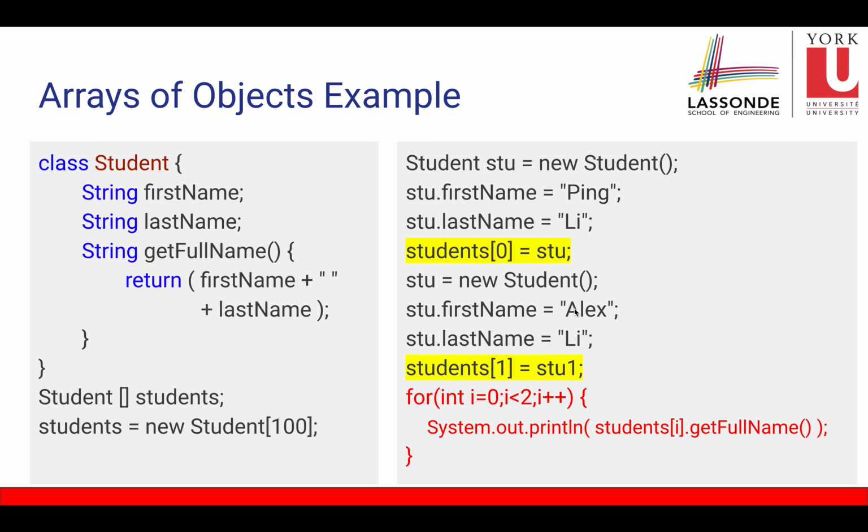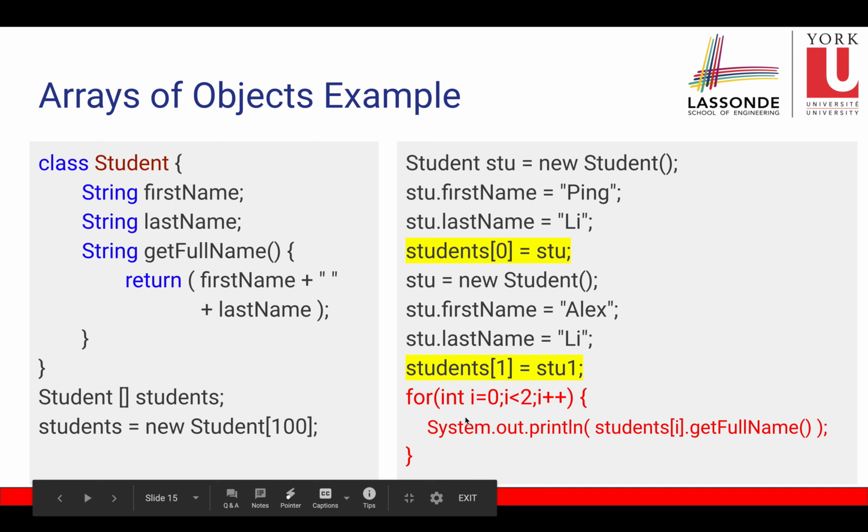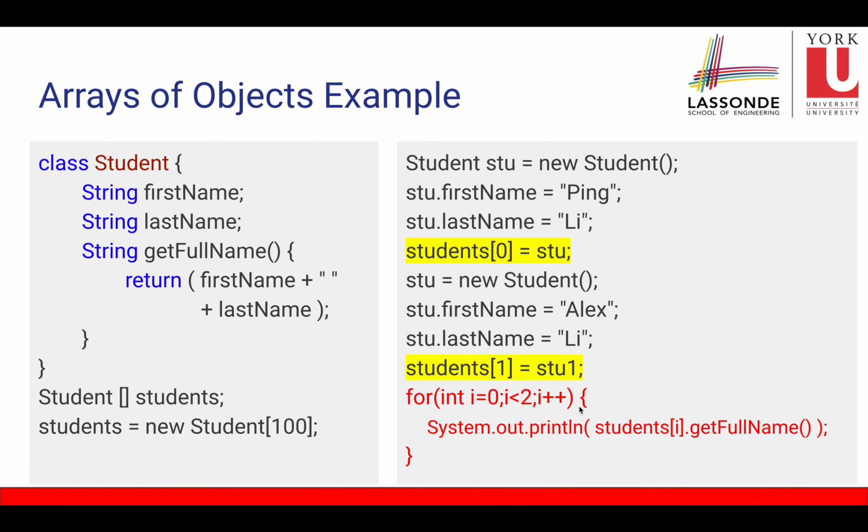Of course, we could create 100 students and put them into the array. In this loop, we loop only twice because we only put in 2 students. If we loop 100 times, all the other elements are going to be empty, going to be null.